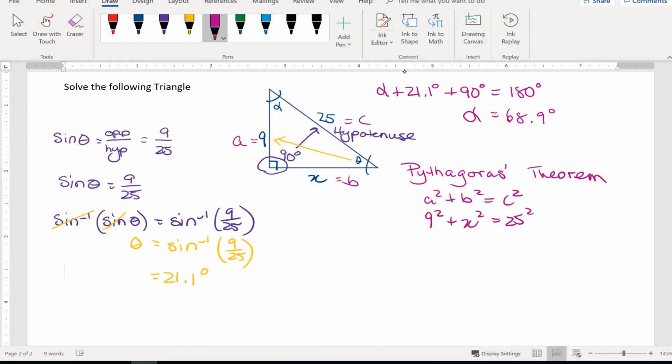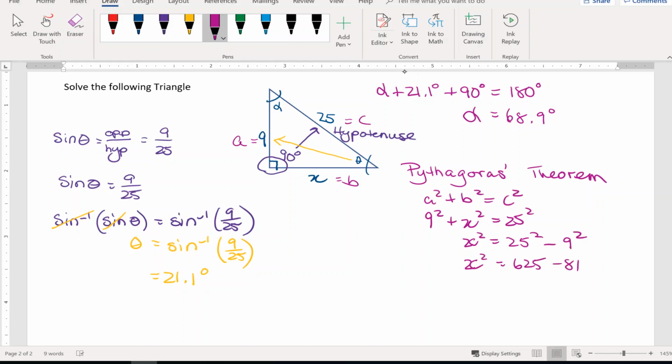And we need to isolate x on its own. So let's go ahead and do that by subtracting 9 squared from both sides. So now we have x squared is equal to 25 squared minus 9 squared. So x squared is equal to 625 minus 81.